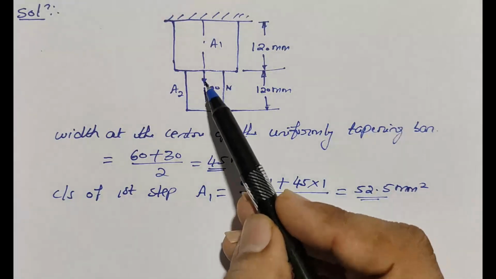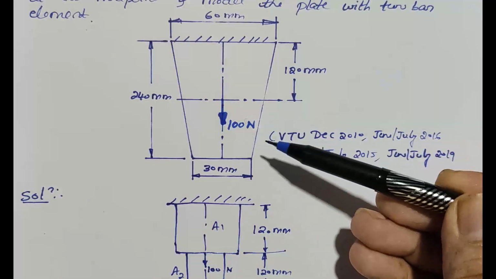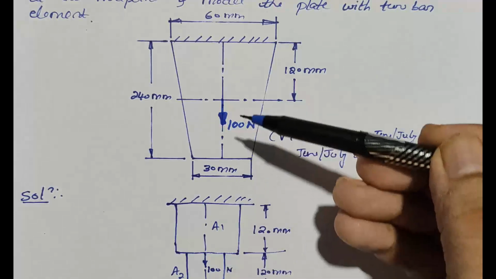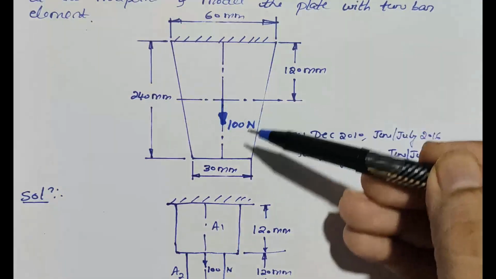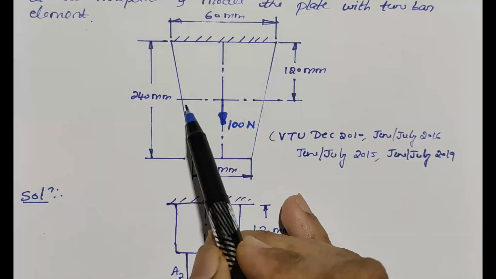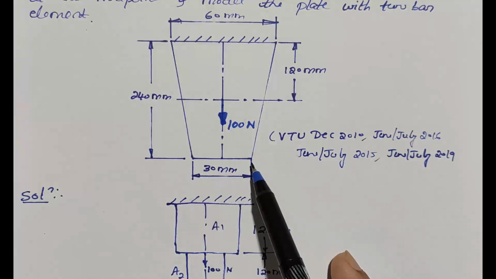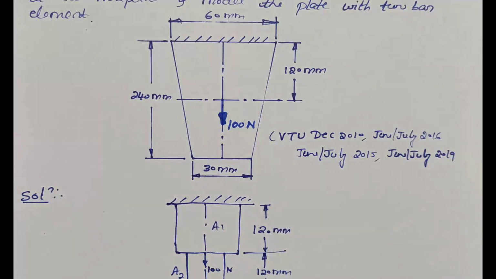Next, we need cross sectional area of this second step. See here, the cross sectional area of this second step will be average area of this section and this section. Means if you take the average area at the center of this uniformly tapering bar and the free end, we will get the cross section area A2.